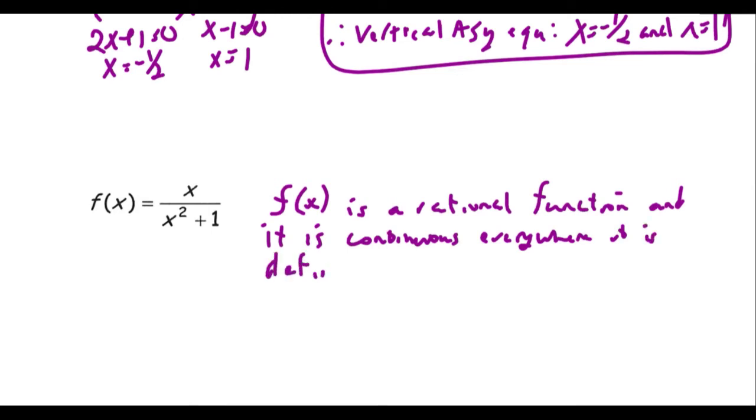Let's figure out where it's defined. So x squared plus 1, we set that equal to 0. Can't factor, so let's just subtract.